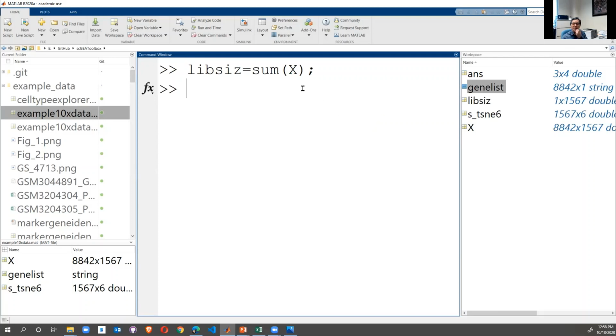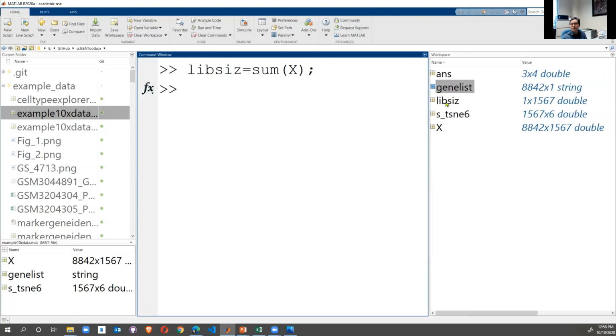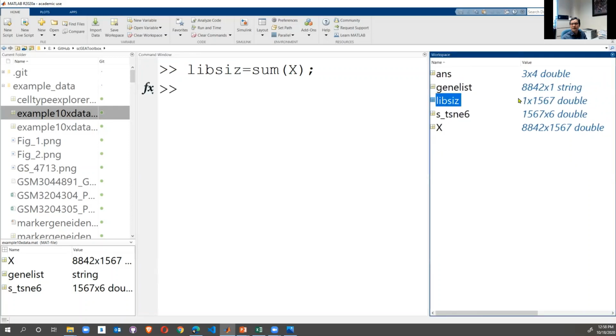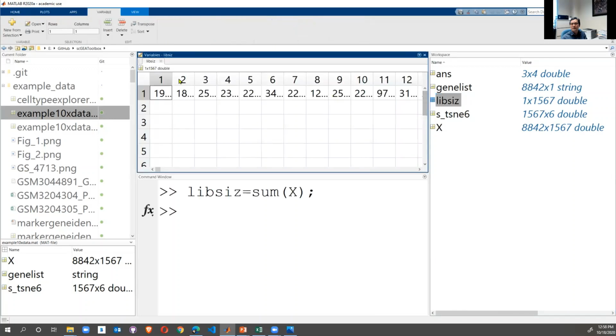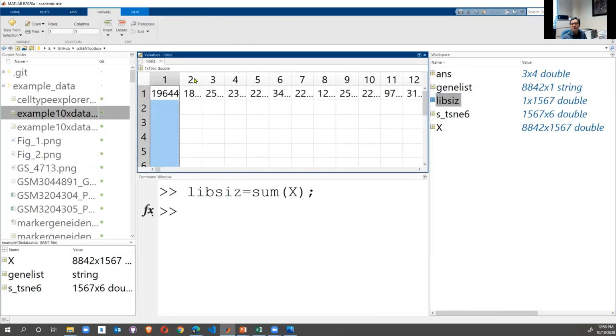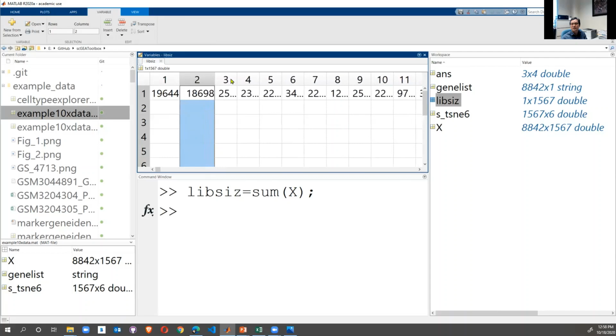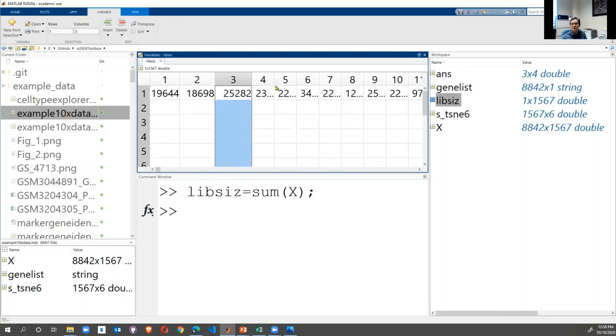Once I run this function, it creates a new vector called lab size with 1,567 values in there. Those are the library sizes for each cell in this X matrix.